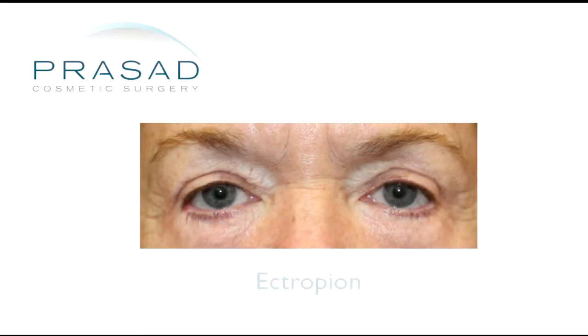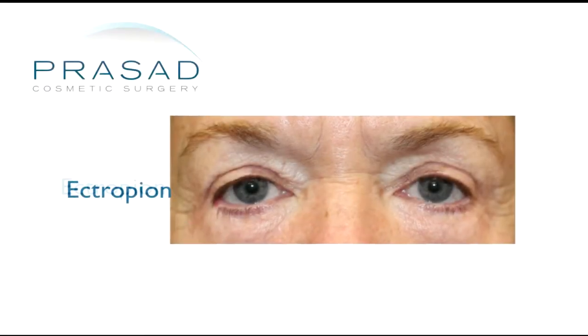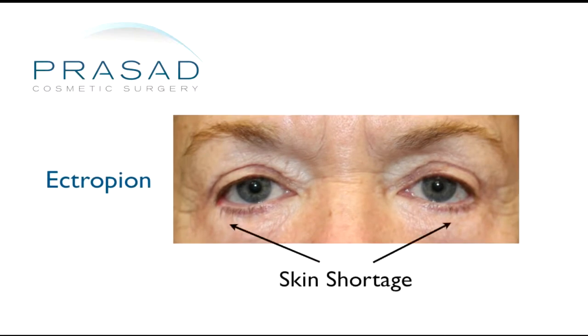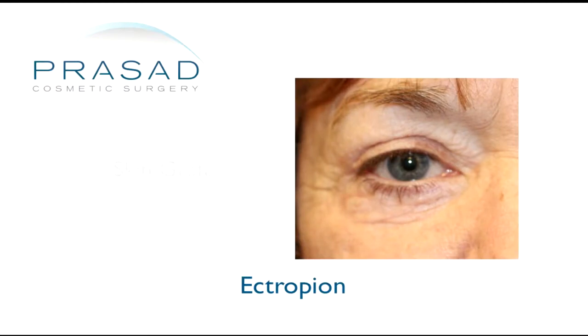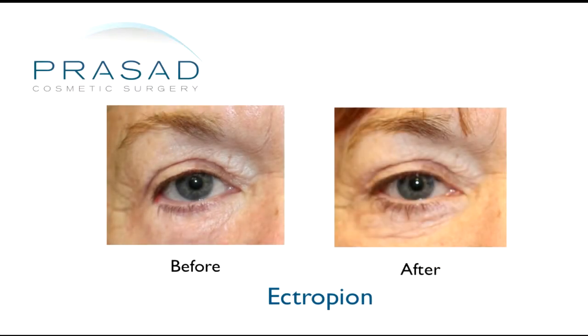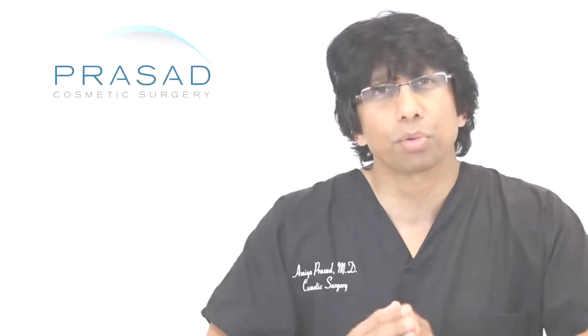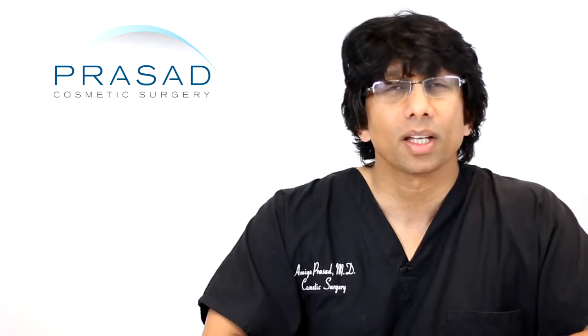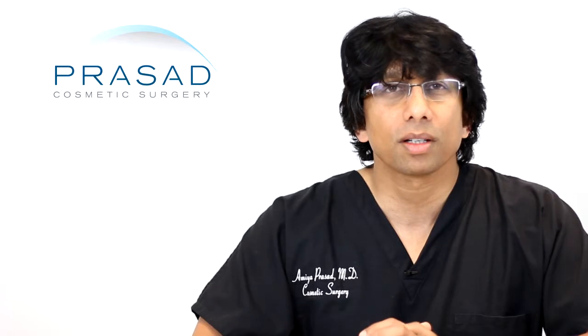Sometimes we're able to recruit skin from the cheek area, other times we have to do some kind of skin grafting procedure. People always get very concerned about the words skin graft, but the anatomy ultimately has to be addressed properly in order to get the eyelid positioned in the right way. So that's one part of the equation.